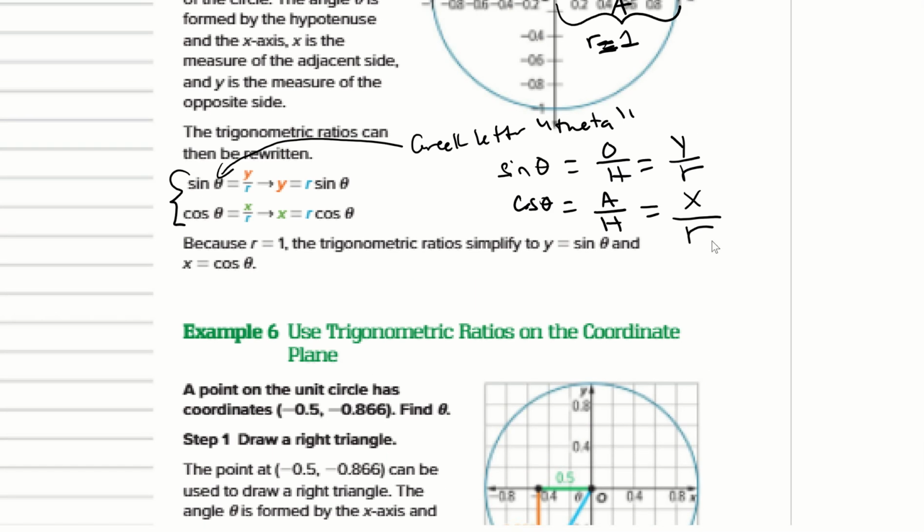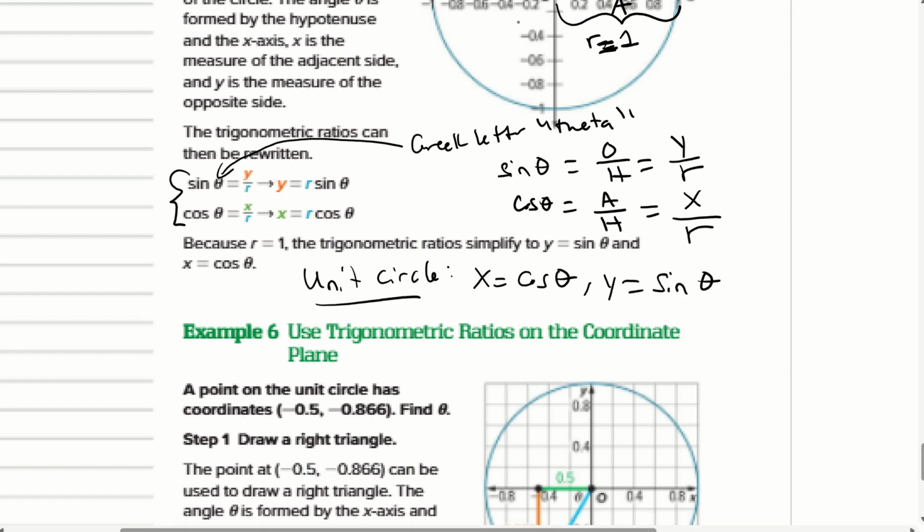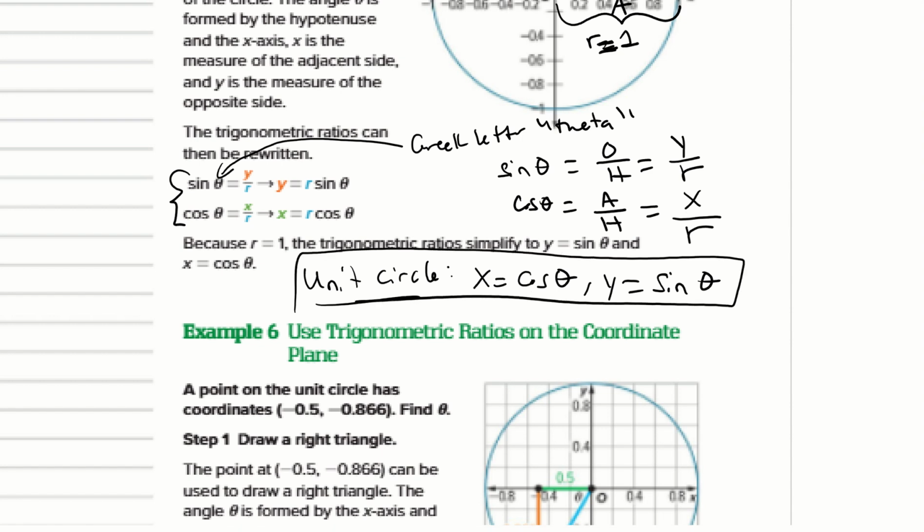So at the end of the day, for the unit circle, the x coordinate is always equal to cosine of the angle, and the y coordinate is equal to the sine of the angle. That's all you got to know for the unit circle.